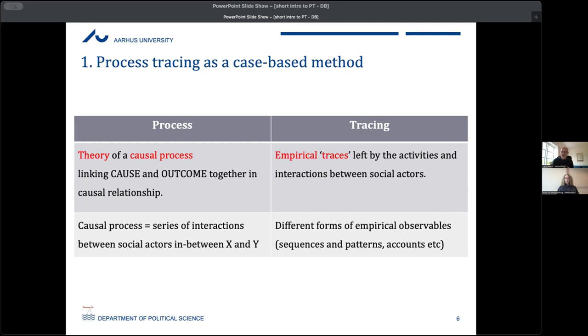So the idea, in particular, at least the type of process tracing that I use, is that the tracing involves people doing things that then leave empirical traces. If I put forward a proposal, I have an actual proposal, a physical trace of that activity that I've done.